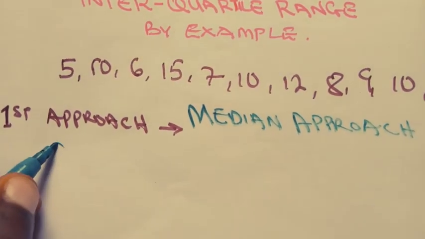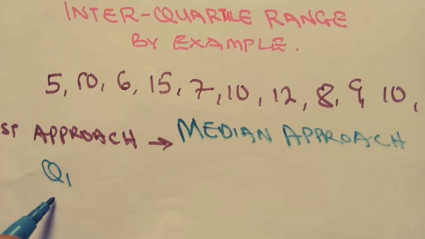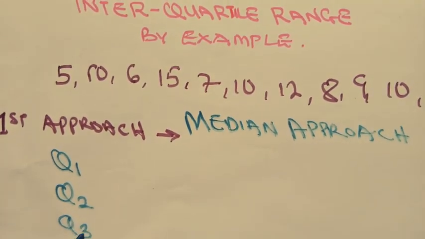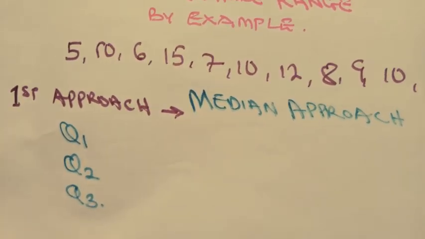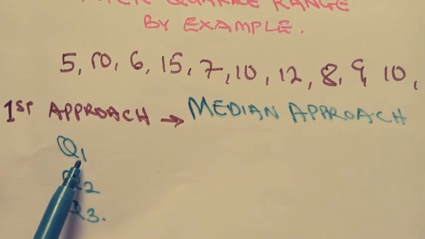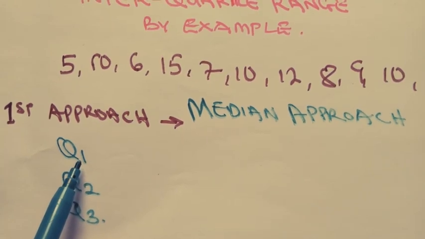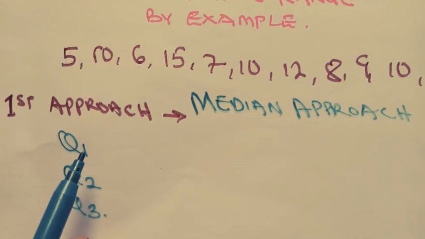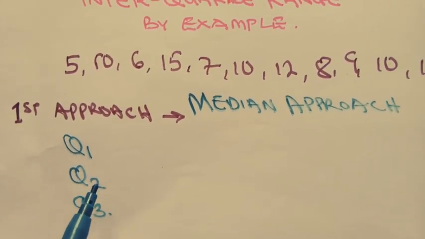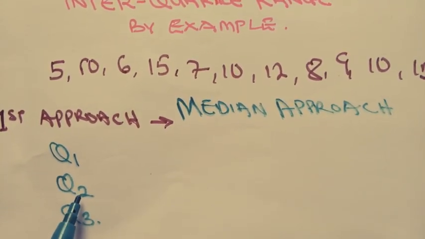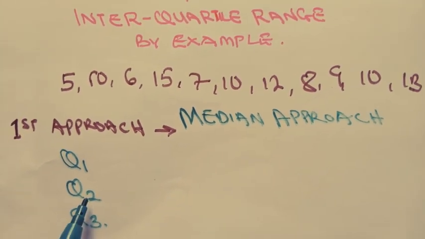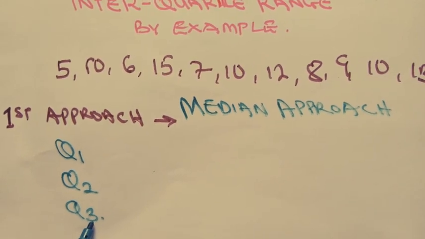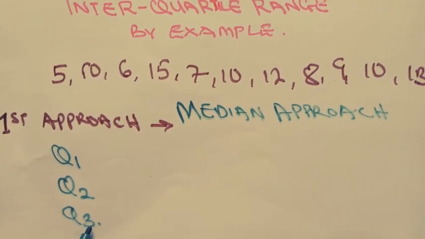So we have Q1, Q2, and Q3. Q1 is the number that is greater than 25% of the data when arranged in order. The Q2 is the number that is greater than 50% of the set of data when arranged in order, while Q3 is the number that is greater than 75% of the data when arranged in order.